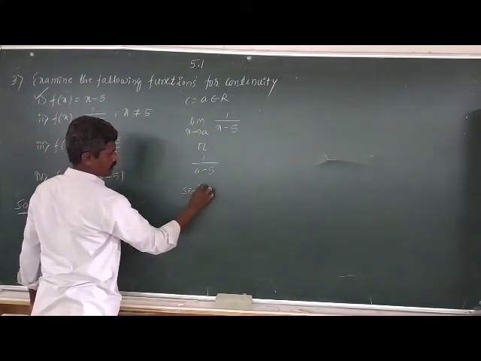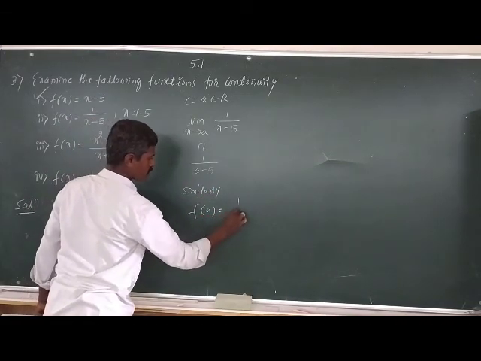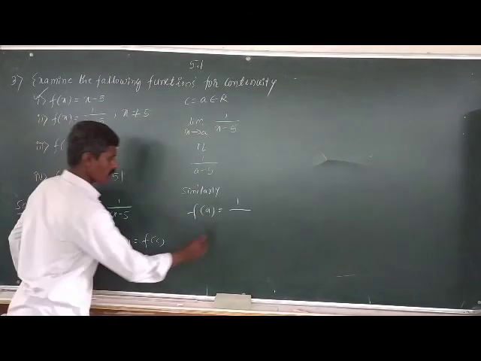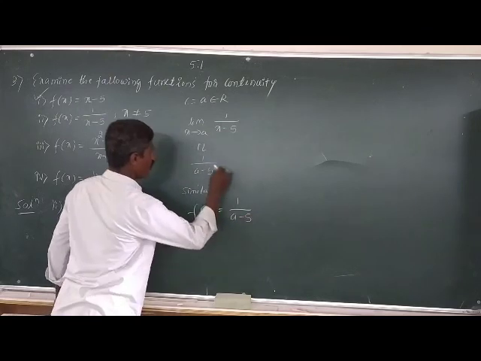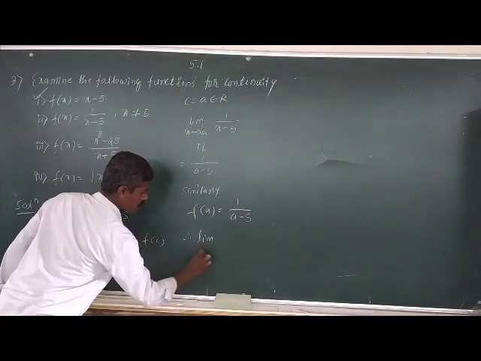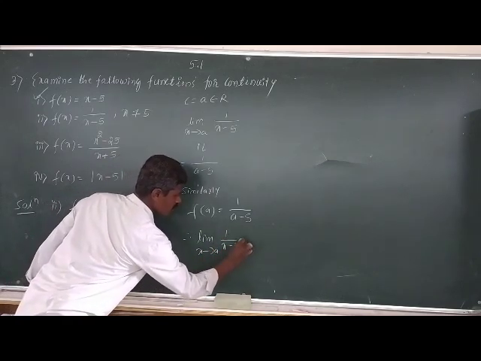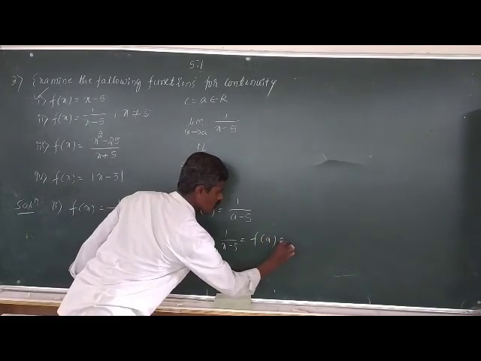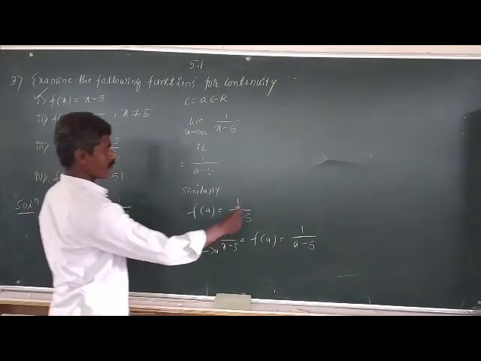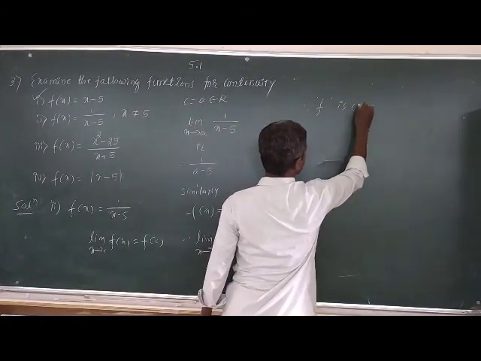Similarly, we have to check f of a. F of a is, in place of x, we put a, that is 1 by a minus 5. Observe these two, both are the same. Hence, limit as x tends to a of 1 by x minus 5 is equal to f of a, equal to 1 divided by a minus 5. Therefore, f is continuous.